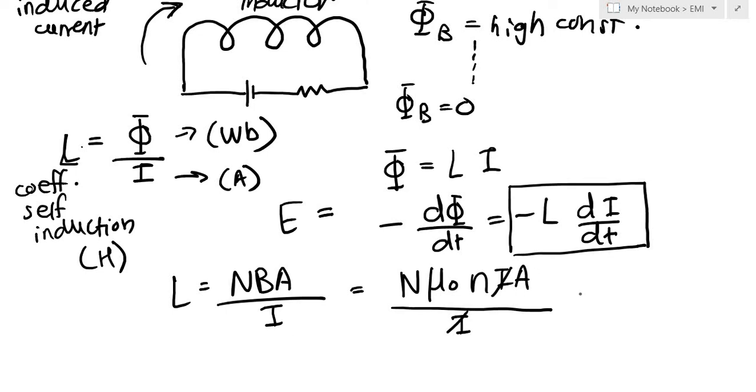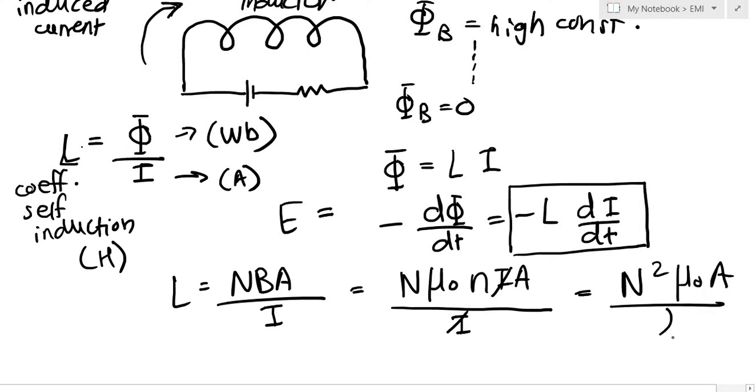The currents cancel out. Now what was small n? It was your number density. It was number of turns per unit length. So you can make that substitution back. So N squared mu naught A over l. So that's basically what the coefficient of self-inductance depends on.